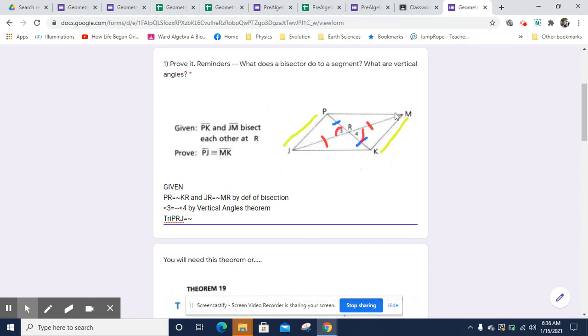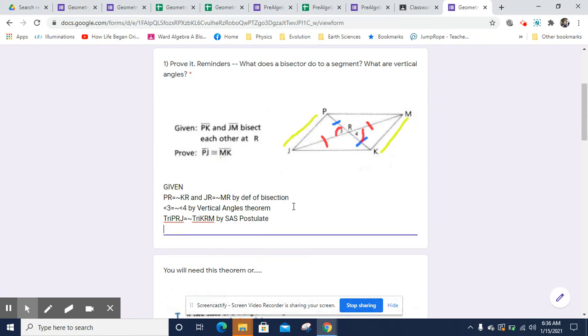These triangles are flipped here, like a twisted bow tie. So PRJ is congruent to KRM by the side, angle, side postulate.